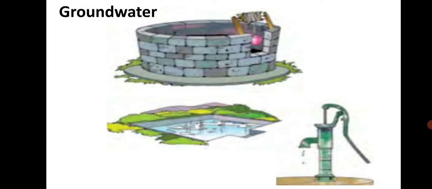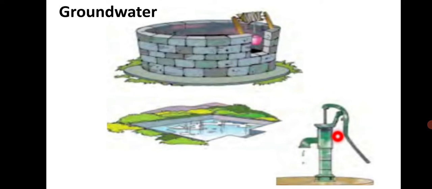Groundwater. Now let's learn about water available under the ground. Besides these water bodies on the earth's surface, there is a lot of water stored in the underground layers of rock. It is called groundwater. We reach it by means of dug wells. Here in this image you can see a well and bore wells.